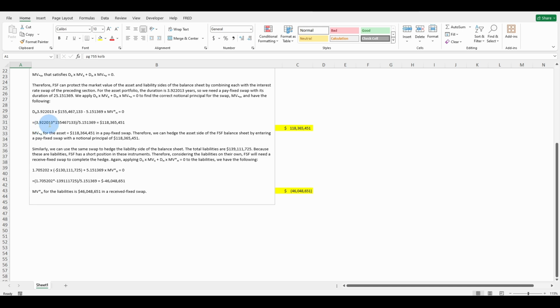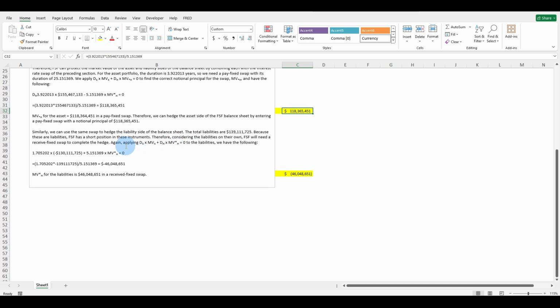Divide this by 5.15 and we get 118,365. MV_H for the asset equals 118.3 million in a pay fixed swap. Therefore, we can hedge the asset side of the FSF balance sheet by entering a pay fixed swap with a notional principal of 118.3 million.